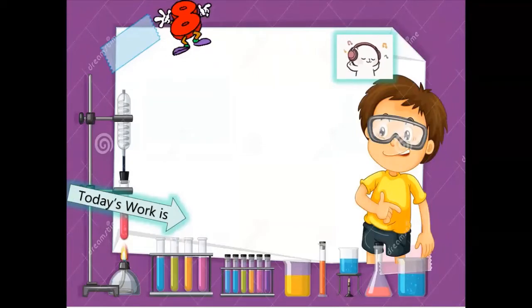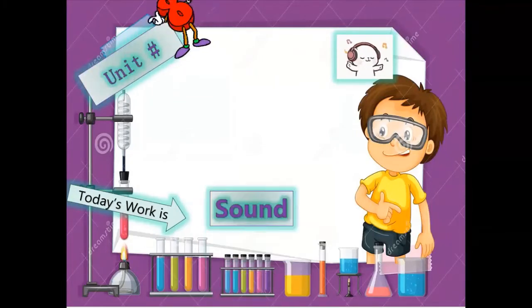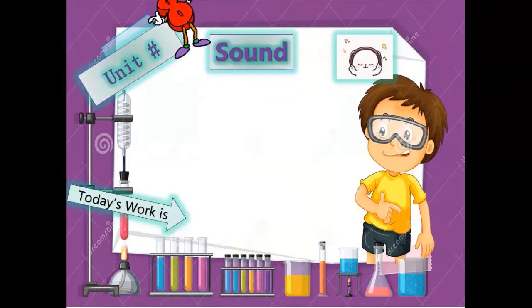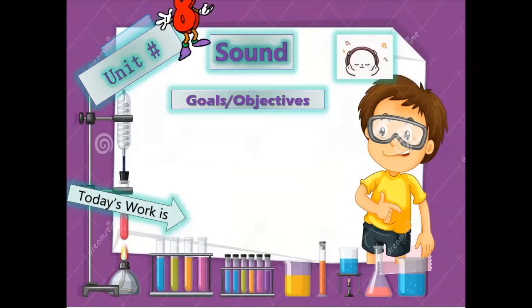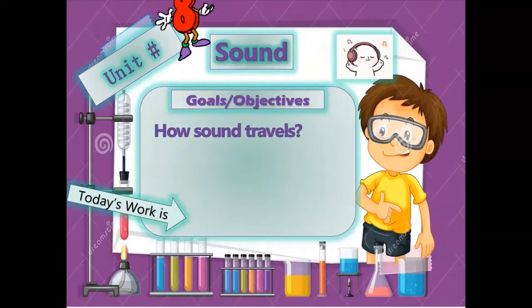This is the continuation of unit number 8, Sound. Today we'll read the book pages 69, 70 and 72. So students, today's goal, first of all, we'll discuss how sound travels.